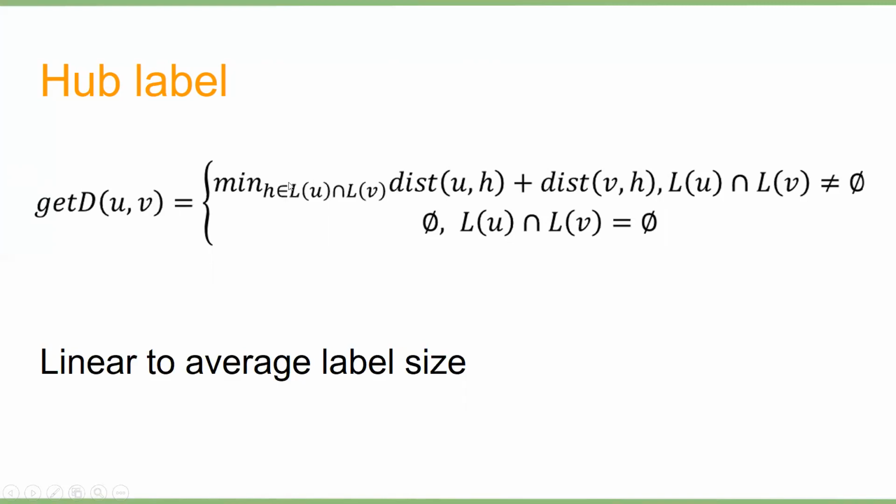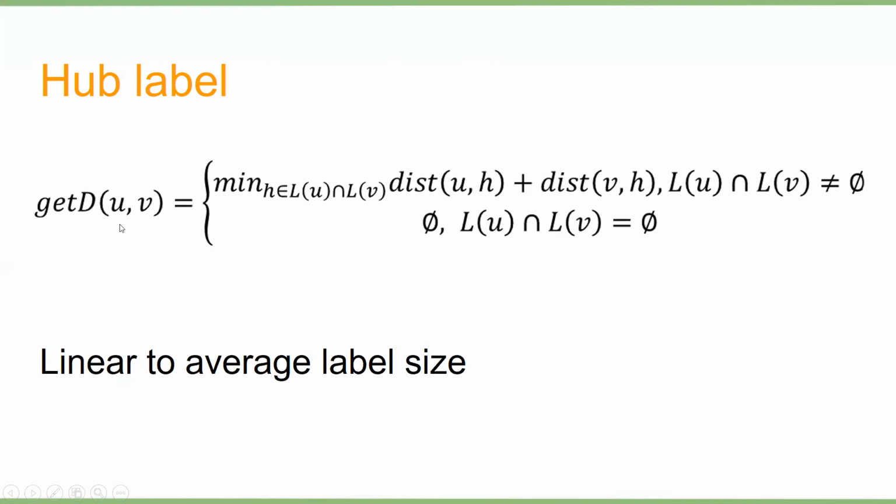They have a shared vertex H, and because in the labels we have the distance between U and H and the distance between V and H, we choose the minimal distance, and this is the answer. As long as the labels preserve this formula, we can say this is a hub label.